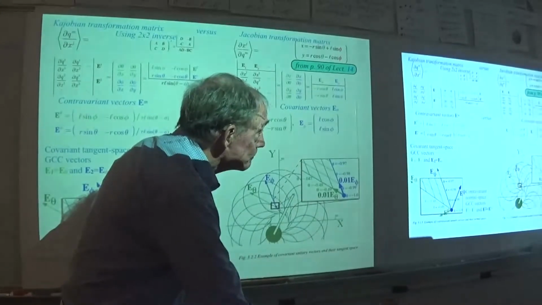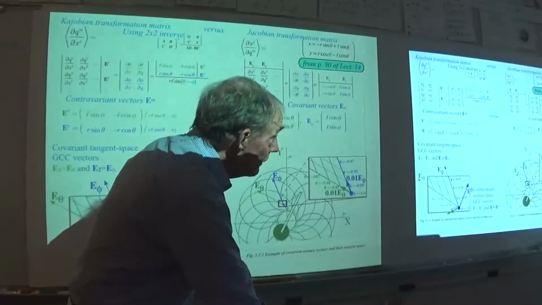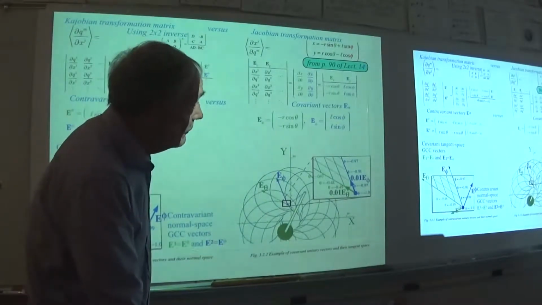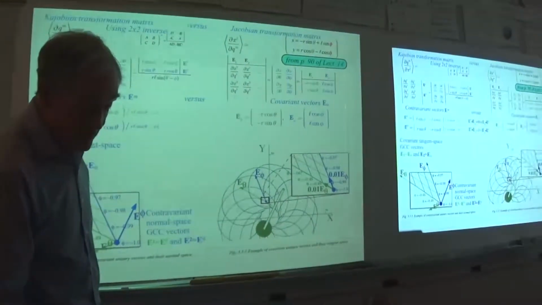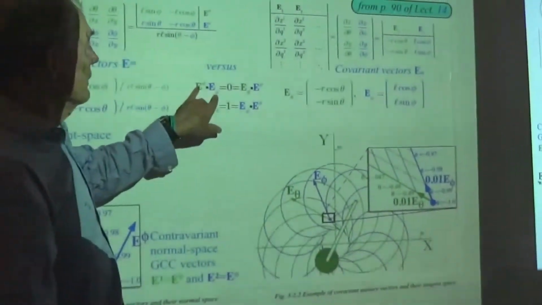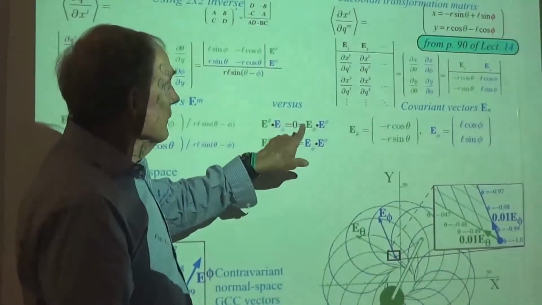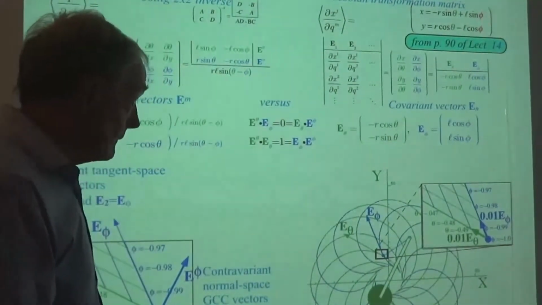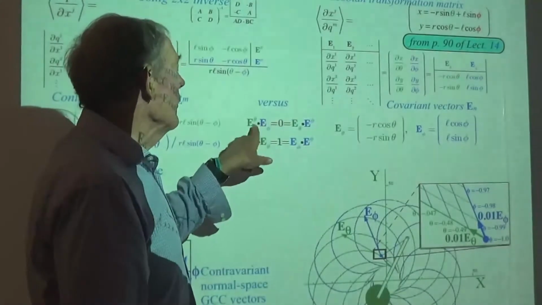Now, before I go there, let me just point out once again that these things are orthogonal. That is, mutually orthogonal. The dot product of any of the covariant with the contravariant gives you absolutely 0, no matter how these are scaled.